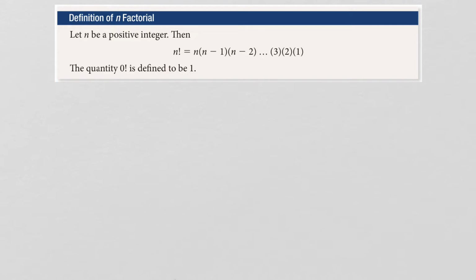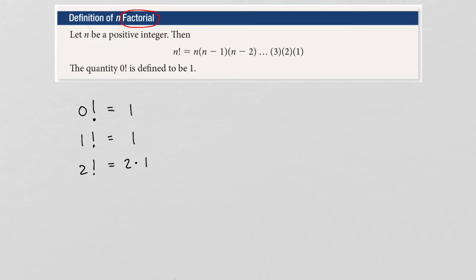So let's go through a few examples just to make sure we understand this. So 0 factorial equals 1. And yes, the exclamation point is what we call the factorial in this. 1 factorial would just be 1. 2 factorial, the definition says you take the number 2 and you multiply by successively decreasing numbers until you get down to 1.